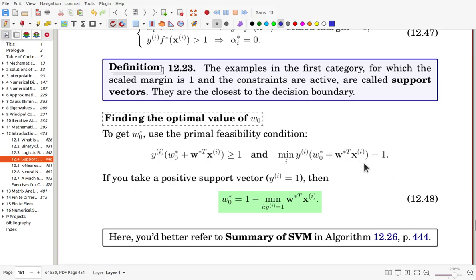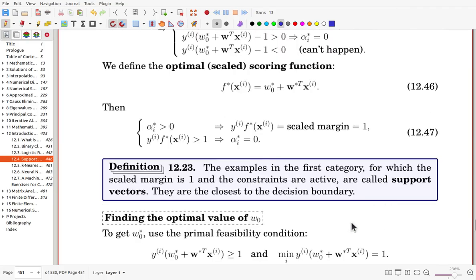Then now we have, only choosing y equals 1, we ignore this portion and move this one along with the minimum, which is this one. So we can decide W0 at the optimum, and so we are done. We found first the Lagrange multipliers, and then we can decide W star and W0 star.